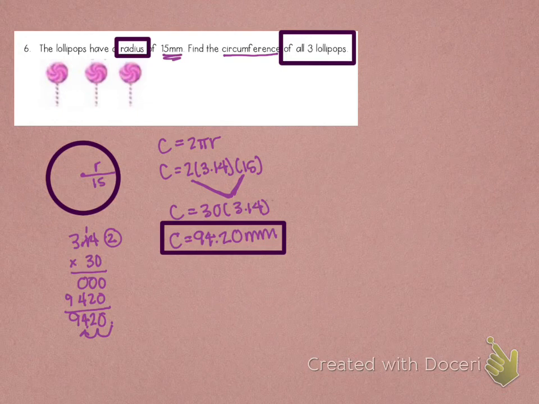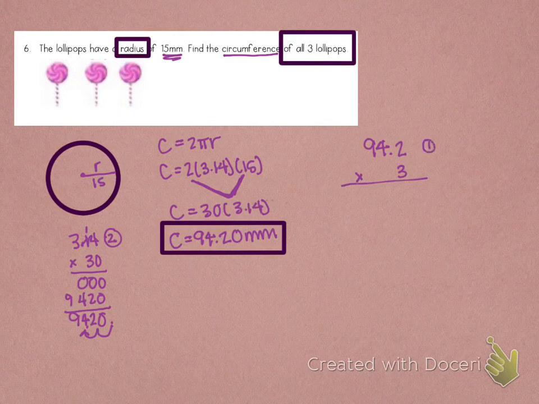So if you said multiplication, you are correct. We're going to take the circumference of 94.2, and we're going to multiply it by 3. So we're going to take the circumference of one circle, and since they're all the same, we're going to just multiply.